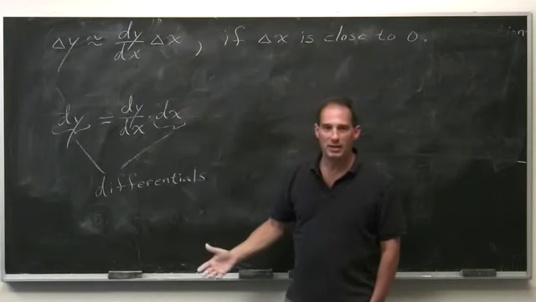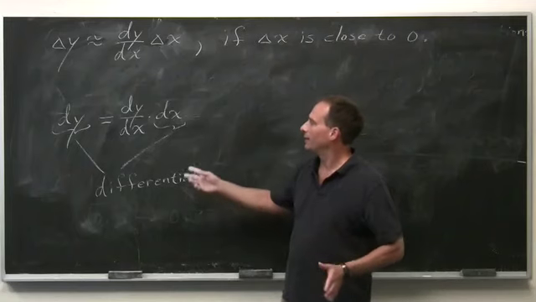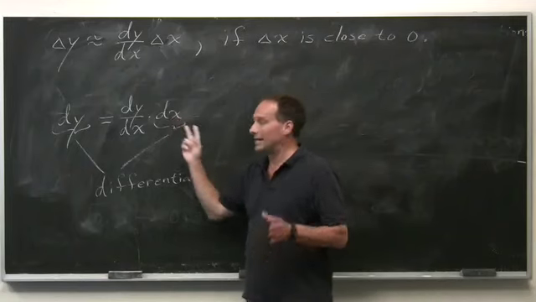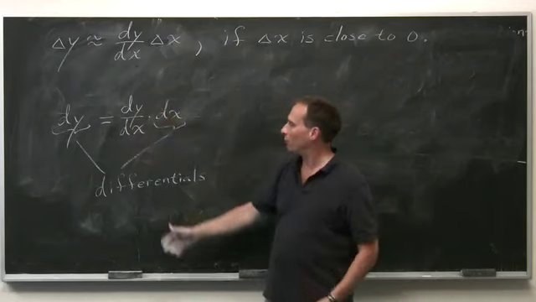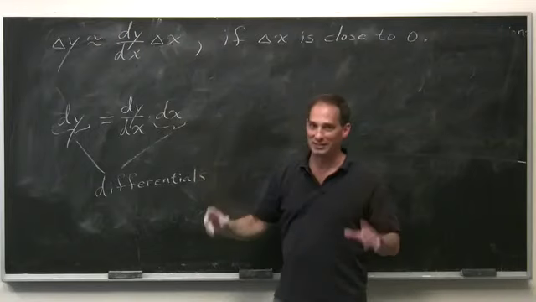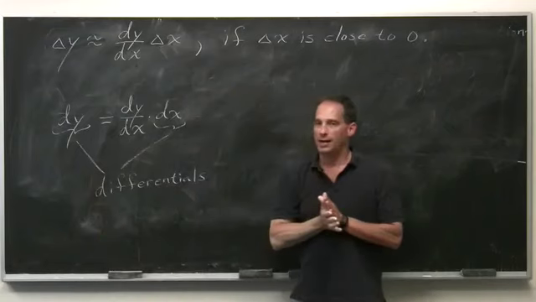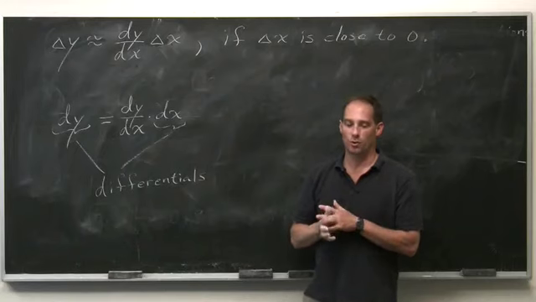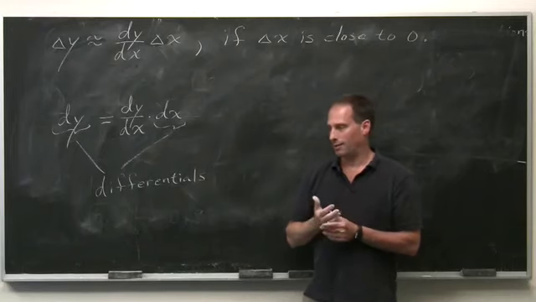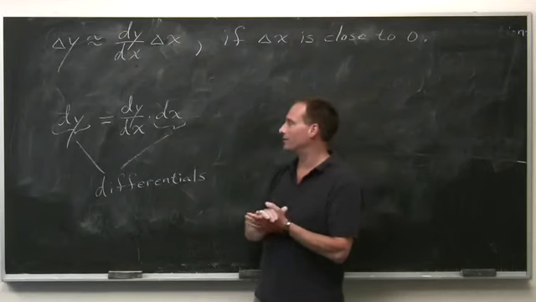What do they mean? Actually, you're supposed to think of this as an infinitesimal change in x, and when you multiply this quotient of infinitesimals times it, the dx's cancel and you get dy. It's possible to make that rigorous in a calculus course that uses something called non-standard analysis.